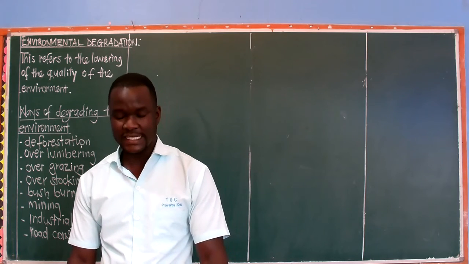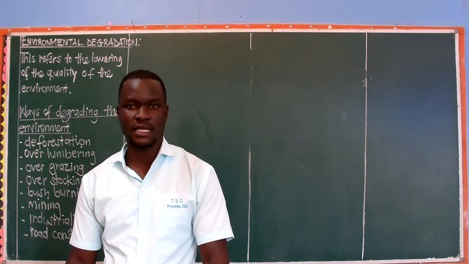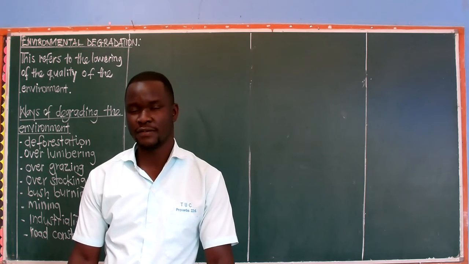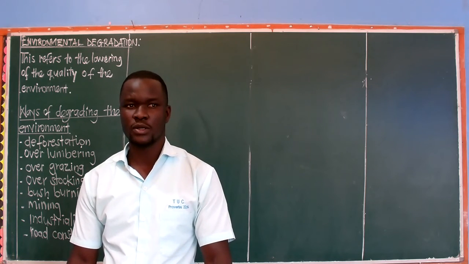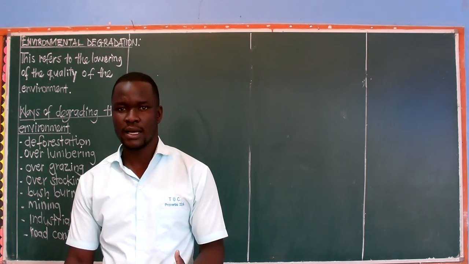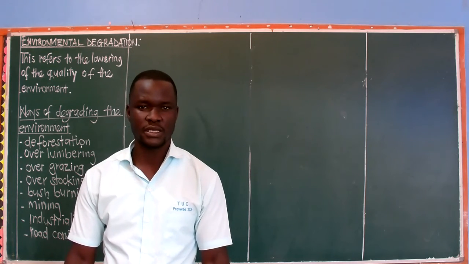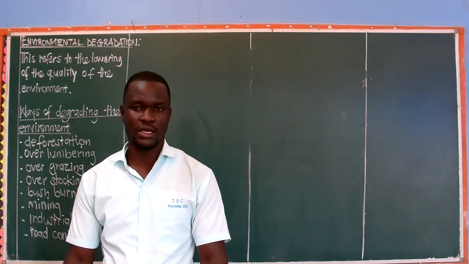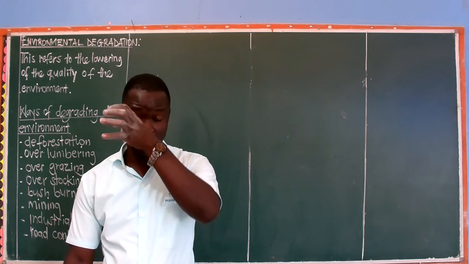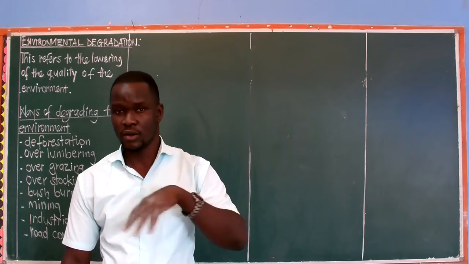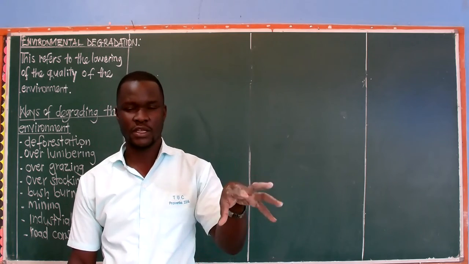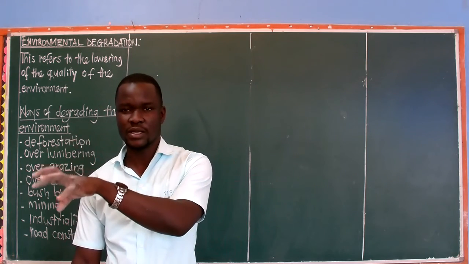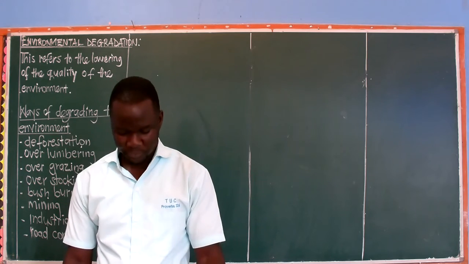Also, it leads to extinction of some species, like when you're looking at fishing, it will lead to the exhaustion or extinction of some fish species, or even some tree species when you're talking about trees. Because with the environment, we look at all round, whether on vegetation, on land, on water bodies, whether everywhere.